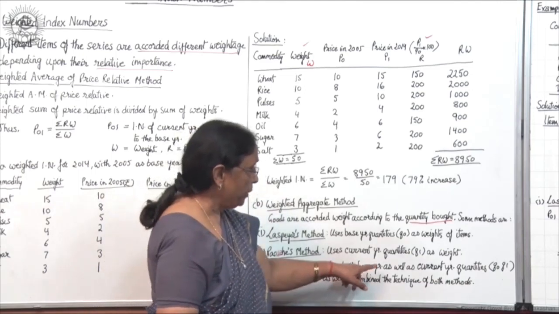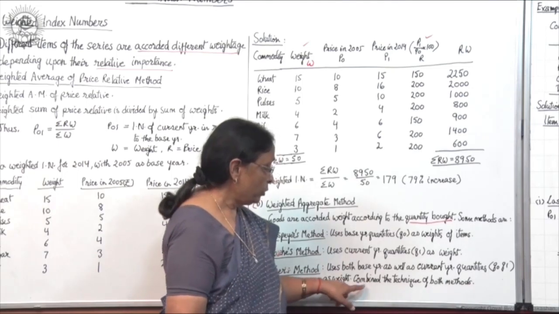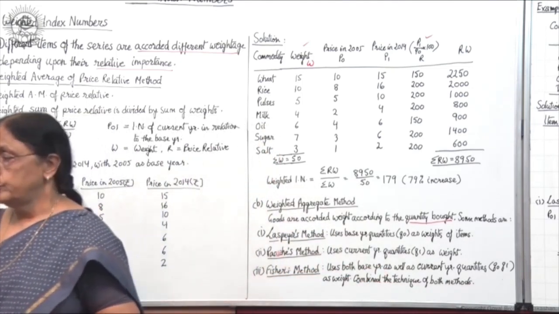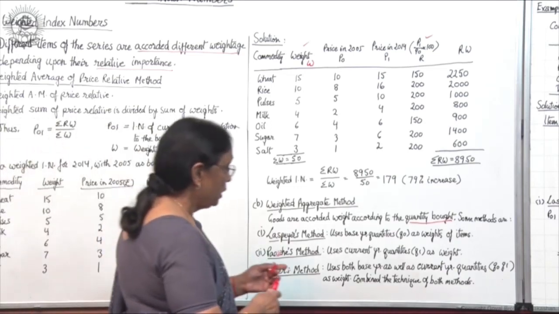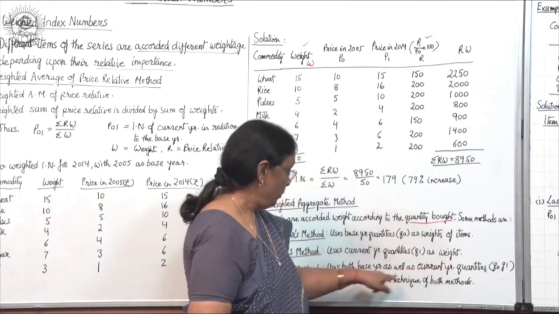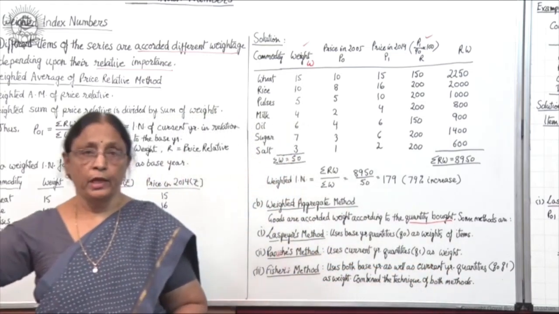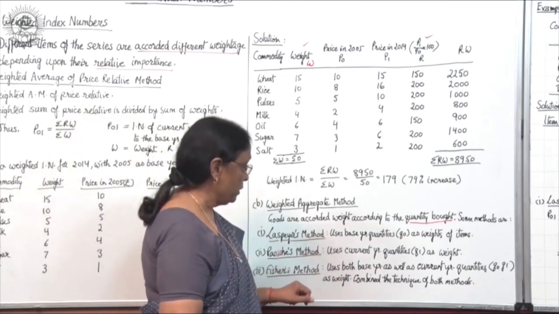He uses both base year as well as current year quantity as weight. So it is a combined technique of both the methods. This way he uses the current year as well as base year quantity as weight, that is Q0 and Q1 as weight, and combines these two methods.